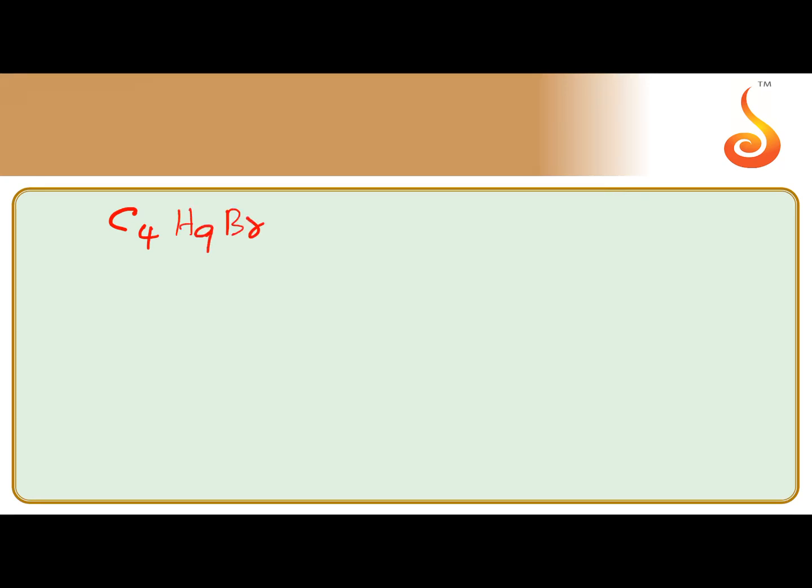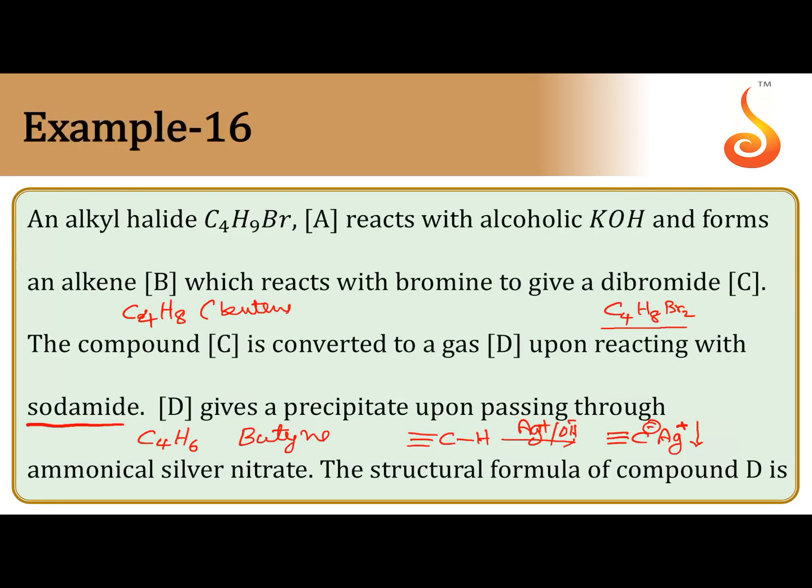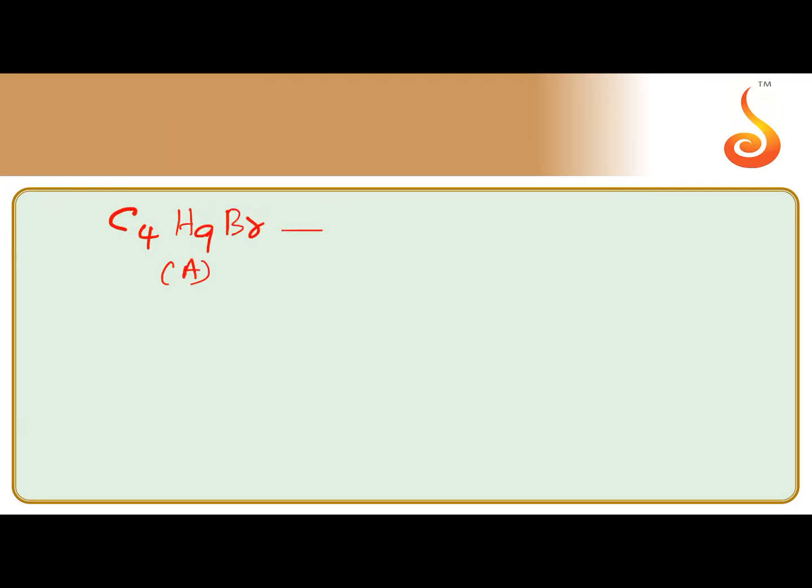C4H9Br is the A. When it is reacted with alcoholic KOH, dehydrohalogenation takes place. It gives C4H8 alkene.